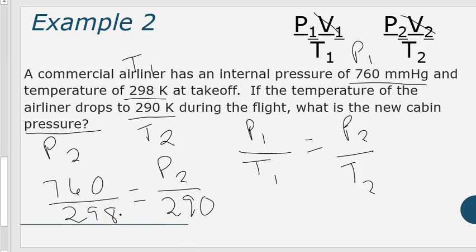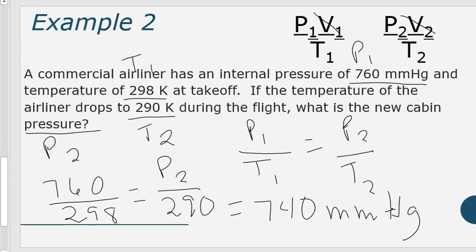So 760 times 290 divided by 298, take a couple seconds, plug that in your calculator. 760 times 290 divided by 298. Okay, and that's going to give us a new pressure of 740 millimeters of mercury.